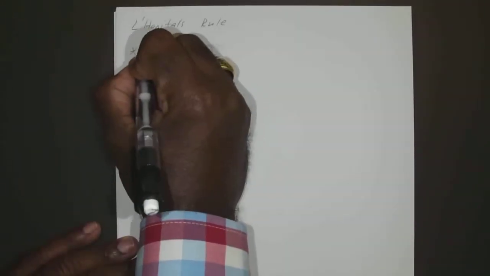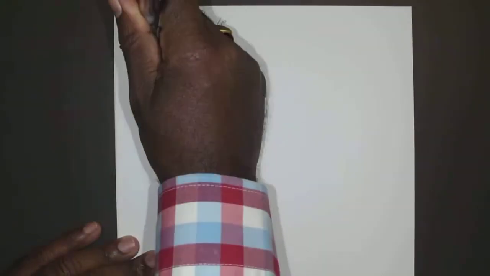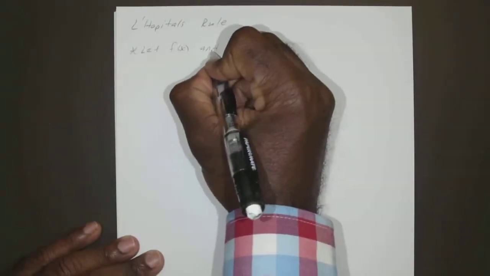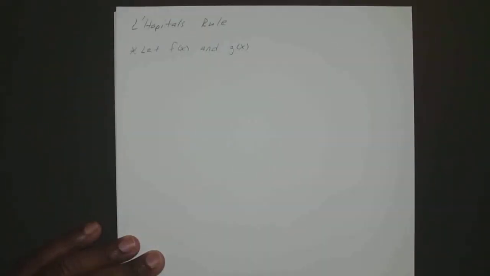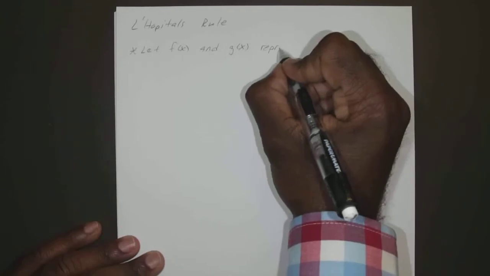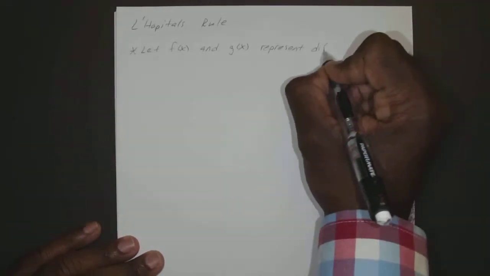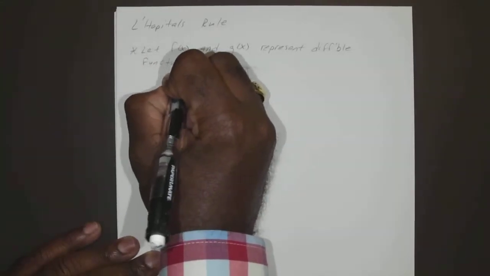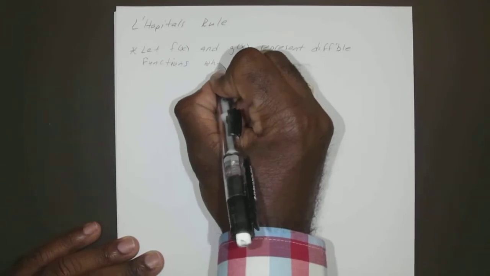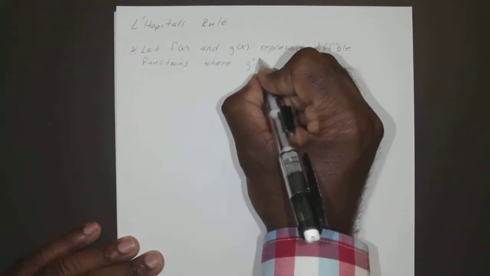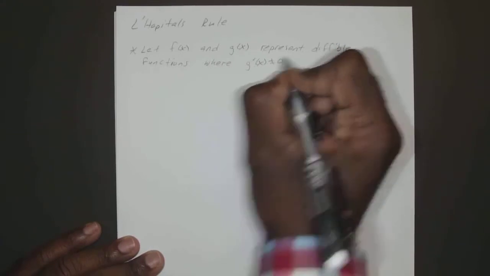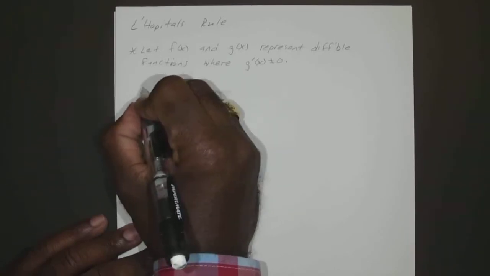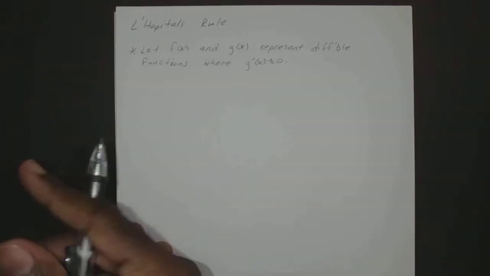Okay, so let's say we let f of x and g of x represent differentiable functions, where, of course, we know that g of x can equal 0.